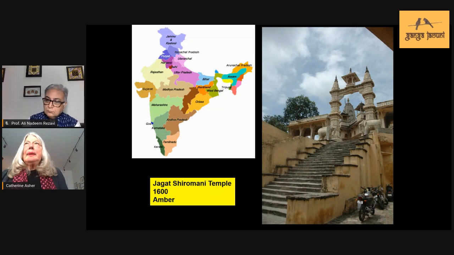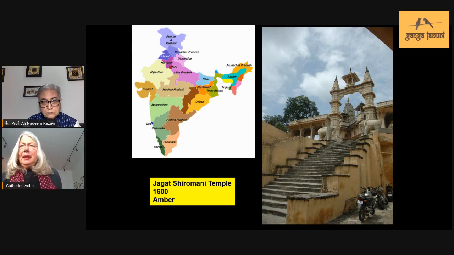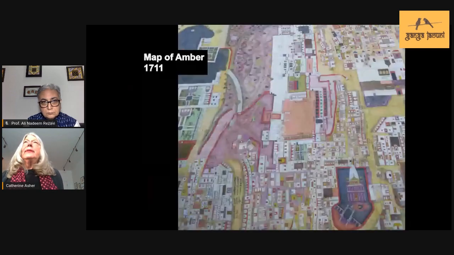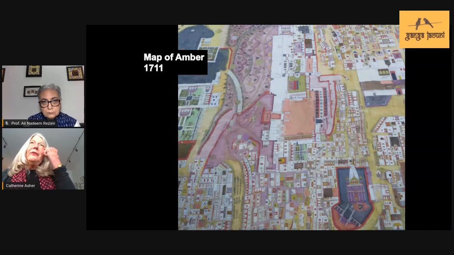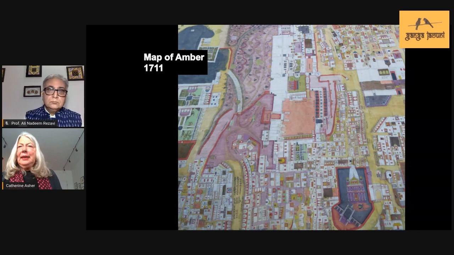It is built in honor of his deceased heir apparent, his son Jagat Singh, who dies quite suddenly, who had served him well in many military expeditions. The temple is shown on the famous map of Amber, dated to 1711. You can see it in the lower right-hand corner.